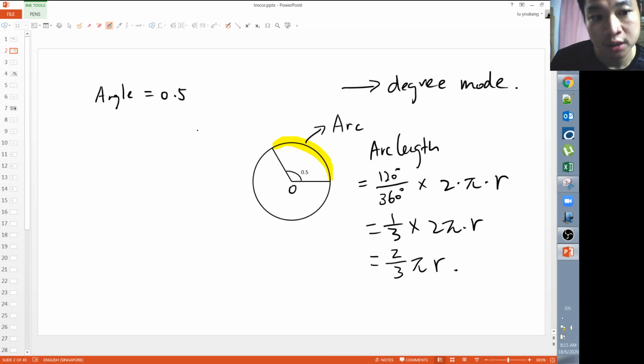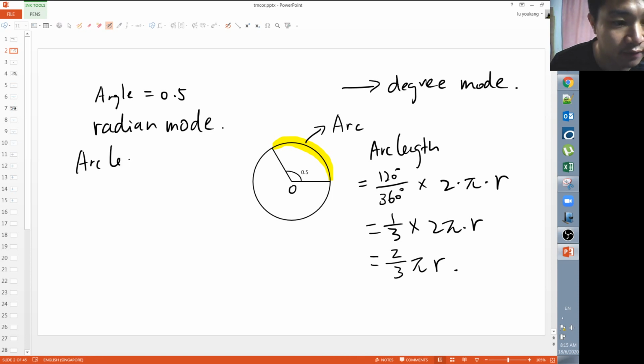So if the angle is given as 0.5, what the question is asking you to do is to do this question in radian mode. So how do you find the arc length in this case? We are finding the arc length, which is highlighted in yellow here.